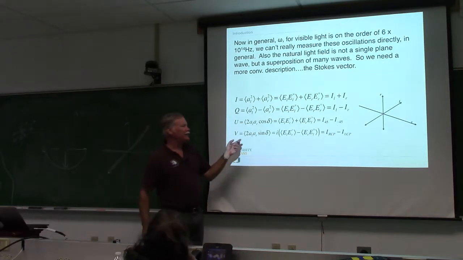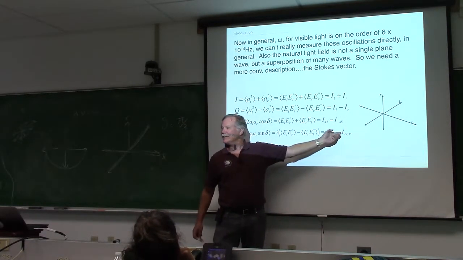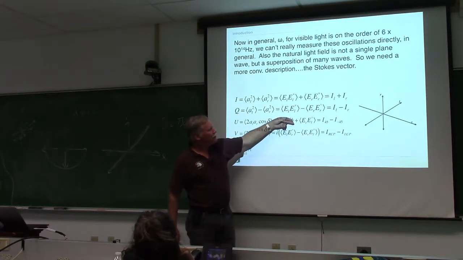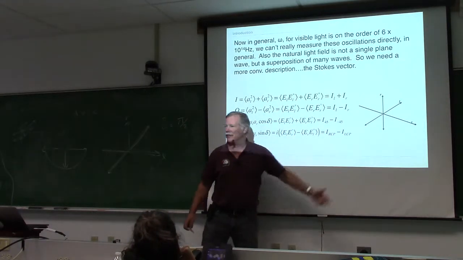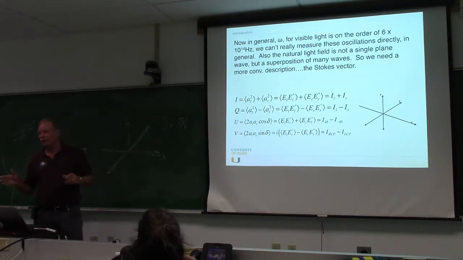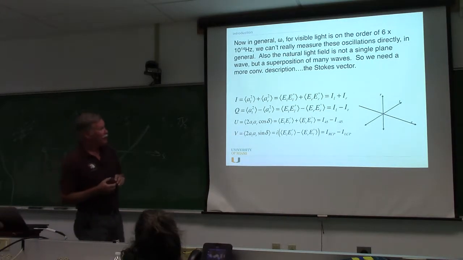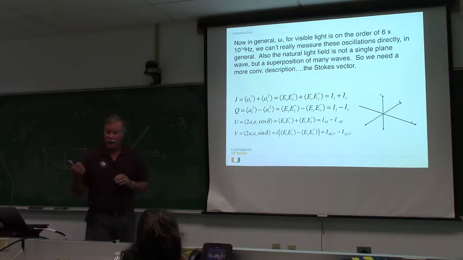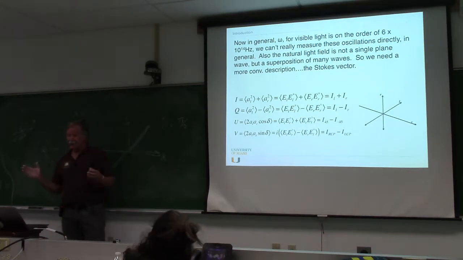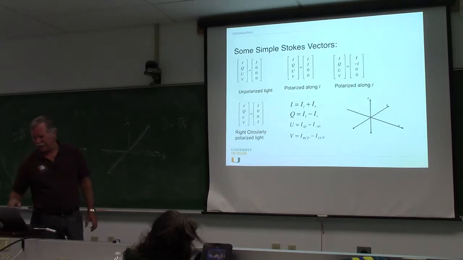And then V is right circularly polarized minus left circularly polarized. So we have two linear polarization terms and then a circular polarization term. With the Stokes vector, you can completely describe the polarization of a light beam coming at you, and also the radiance. It's the complete description of what's going on for the light field coming at you.